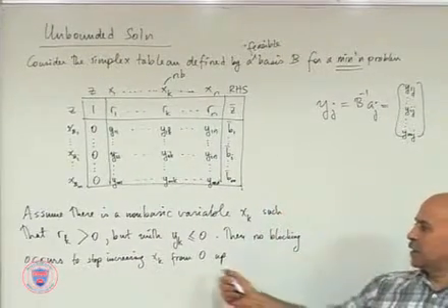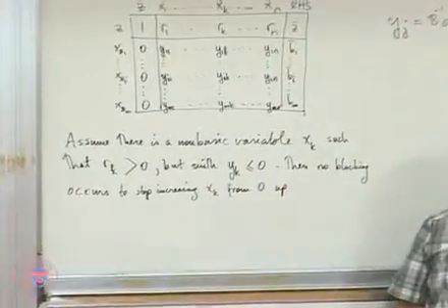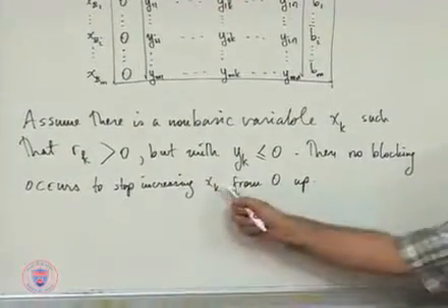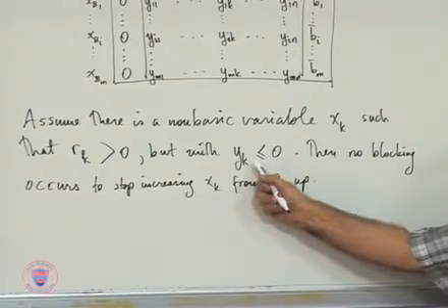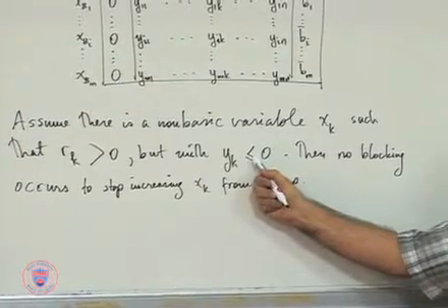Currently, xk is 0 because it's non-basic, and I want to increase it as much as I can until some blocking occurs. But blocking can occur only if yk has a positive entry in it.